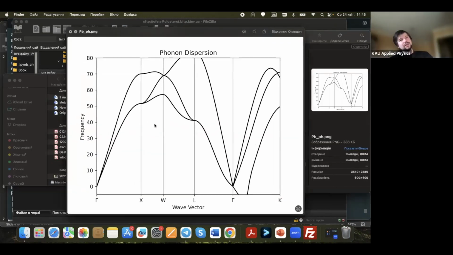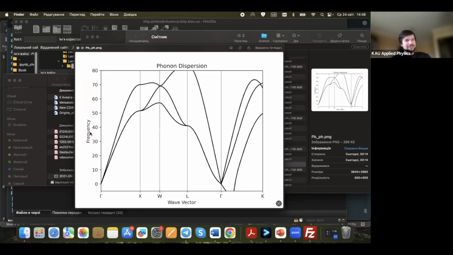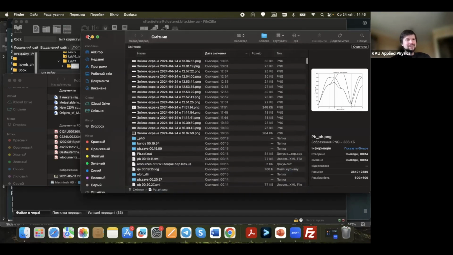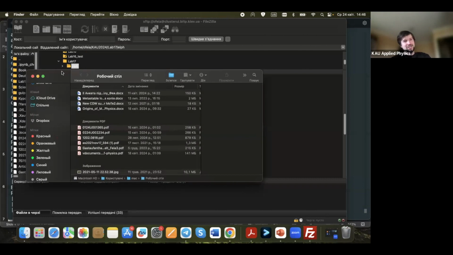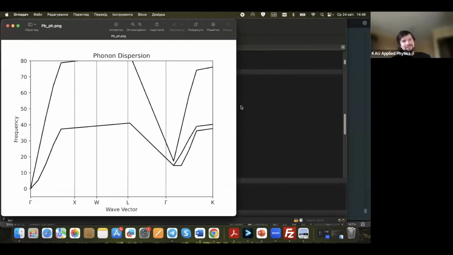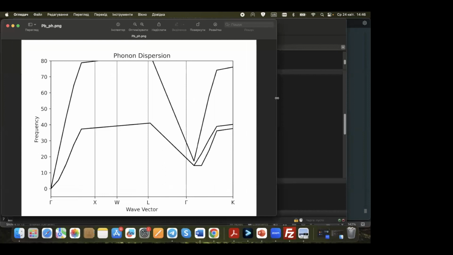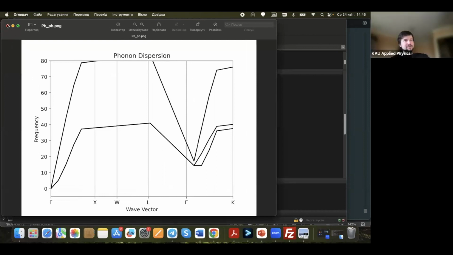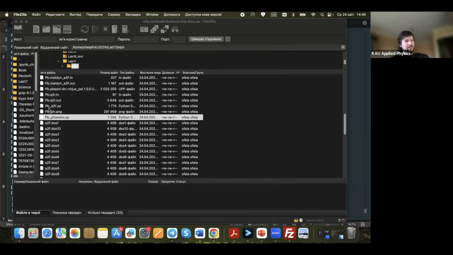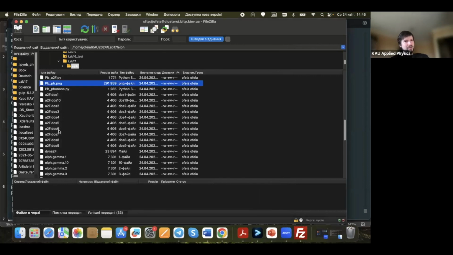This was yesterday's plot. You also got such an ugly plot. I think that something went wrong at some point, maybe.